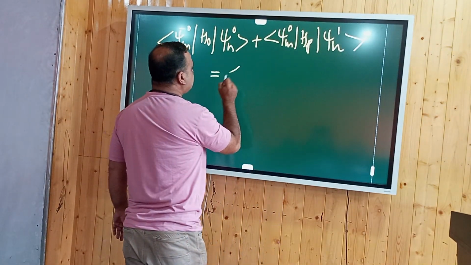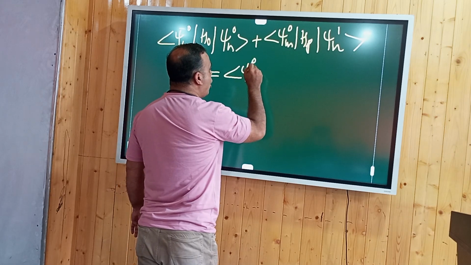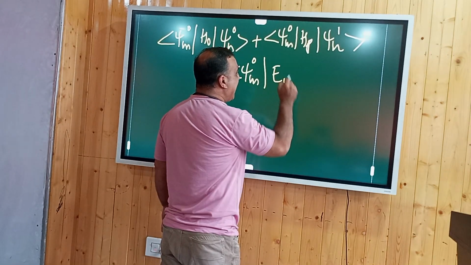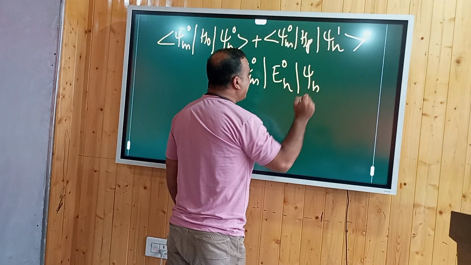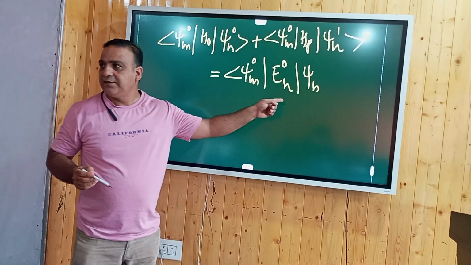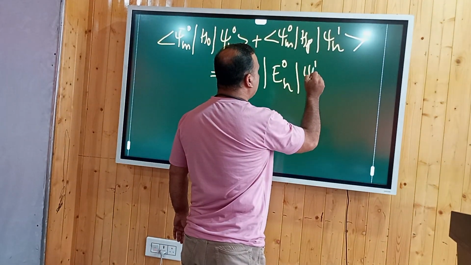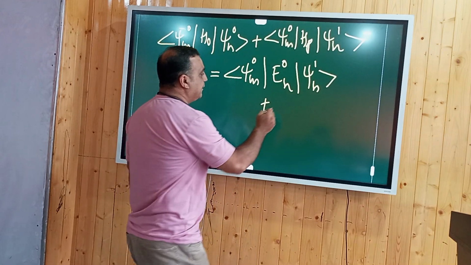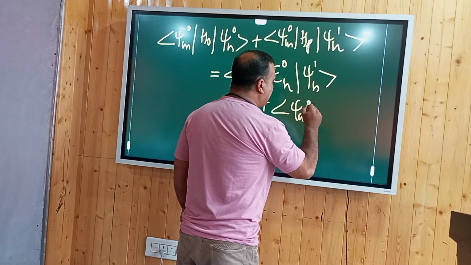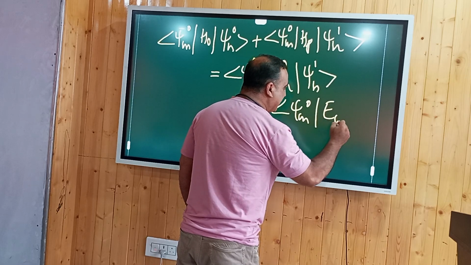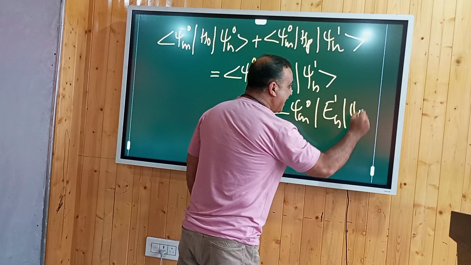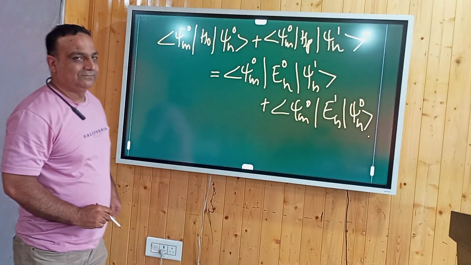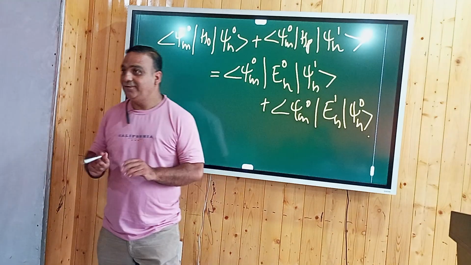This is equal to psi m naught, then E n naught, psi n1. Then plus psi m naught, E n1, and then psi n naught. Getting my point? Okay.